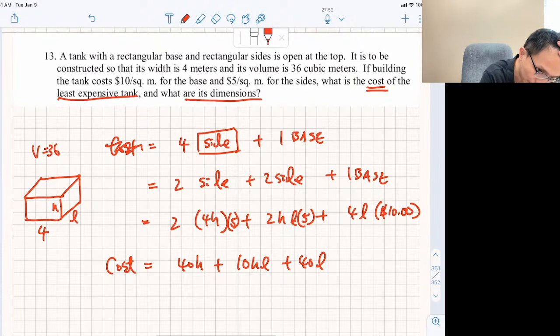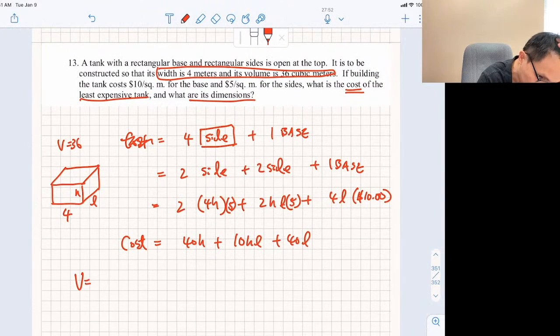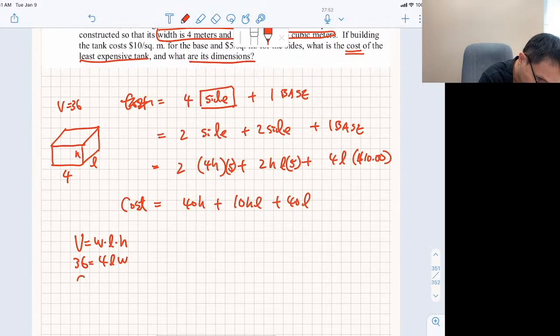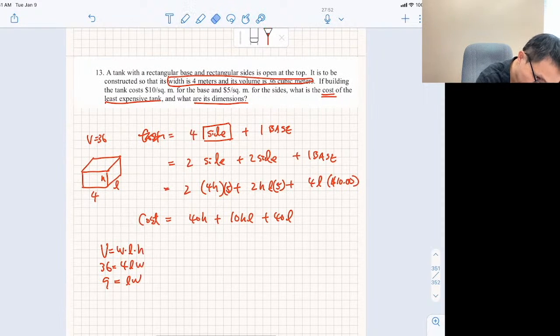Now let's go to the secondary equation, which is the volume equal to 36 cubic meters. Volume equals width times length times height, so 36 is equal to 4 times length times height. Dividing both sides by 4, we get 9 equal to LH.